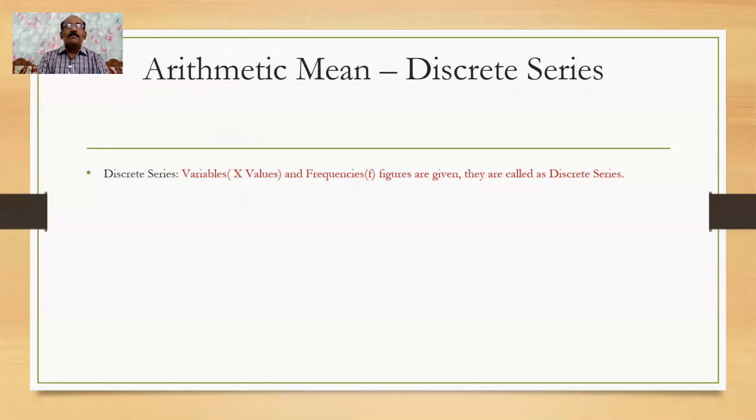In each method, there are 3 types of series. One is individual series, second is discrete series, and third one is continuous series. We have to calculate the arithmetic mean in individual series, again in discrete series, and again in continuous series.